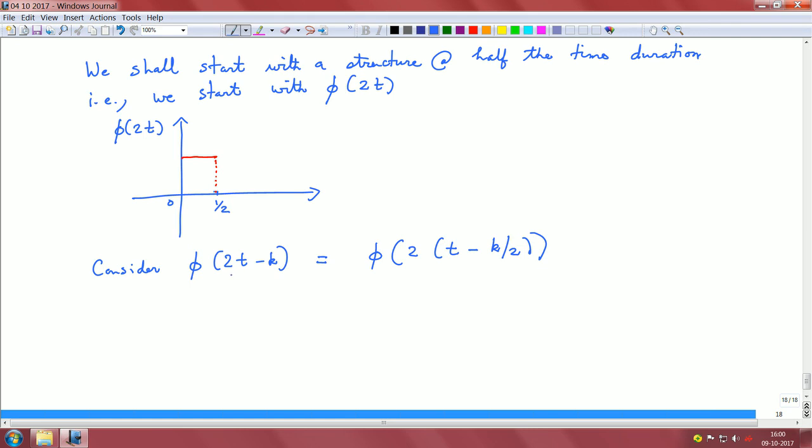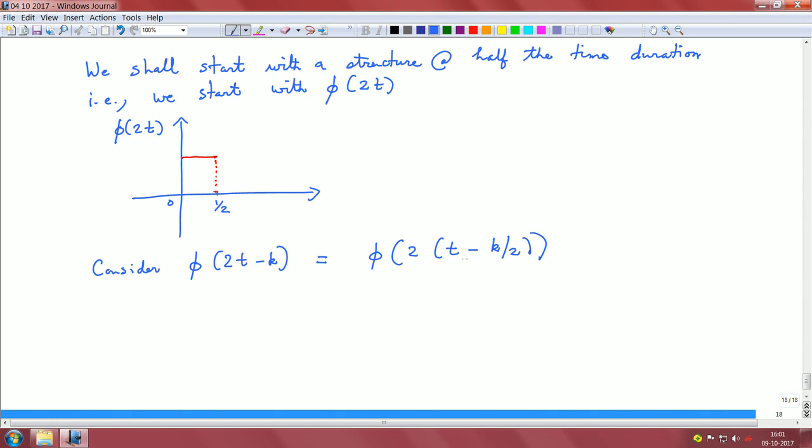If I take this function, this is basically phi of 2t which is k translated, right. Or if you write it in this form, you start with the original function phi of t and basically you shrink it by a factor of 2.